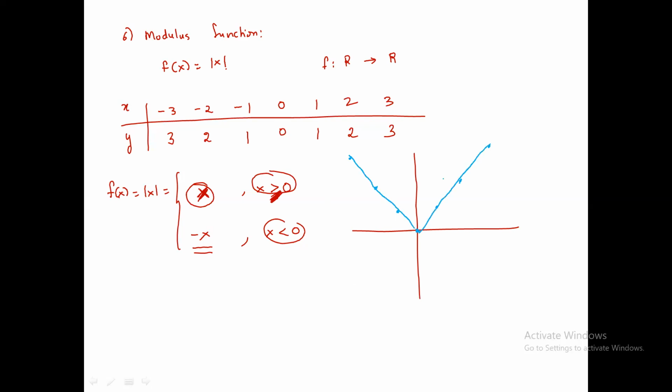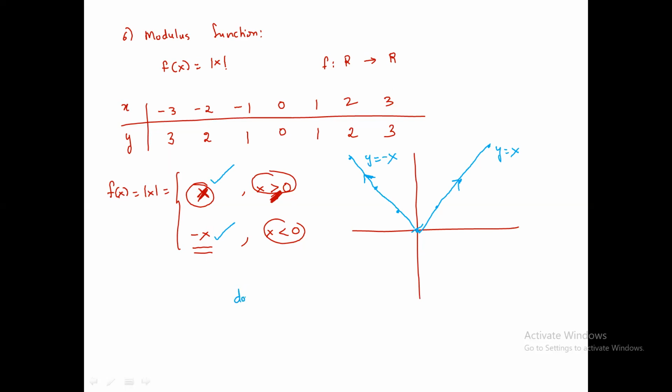That will be the graph of modulus function. The equation of this line is y equal to x. The equation of this line is y equal to minus x. That's why you have two pieces, y equal to x, y equal to minus x, for the graph of modulus function.